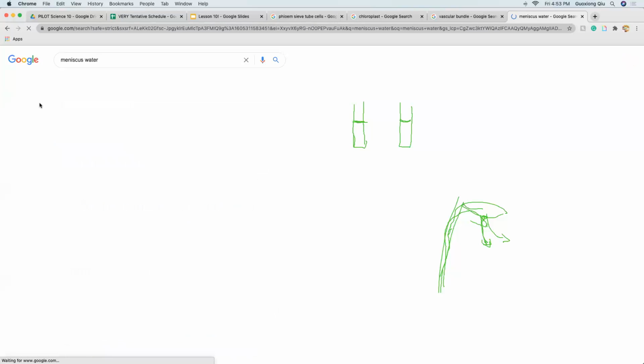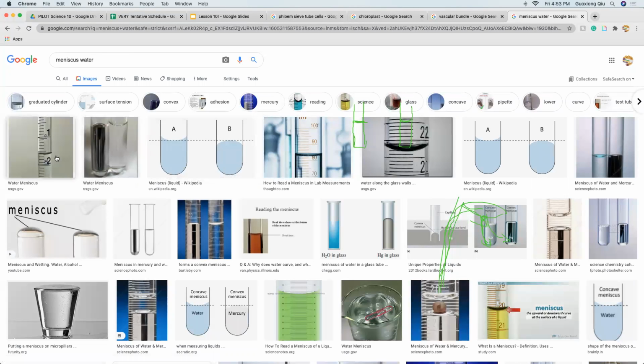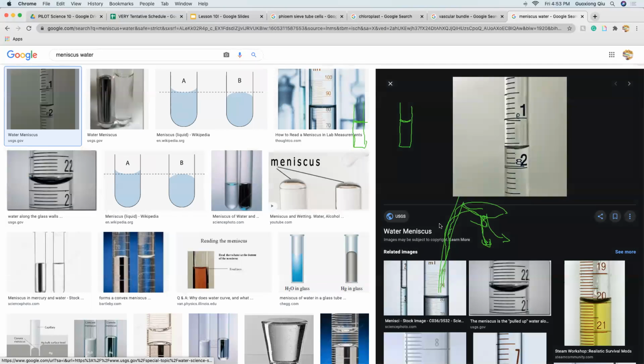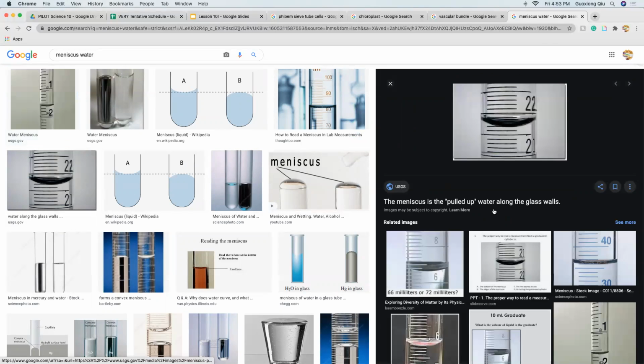Let's have an eraser, to get rid of my horrible drawings. Here's a better image of a meniscus. Because water sticks to other things, in this case the water is sticking to the side of the glass tubing, causing it to have a curved shape. That is referred to as a meniscus. This is the adhesion.